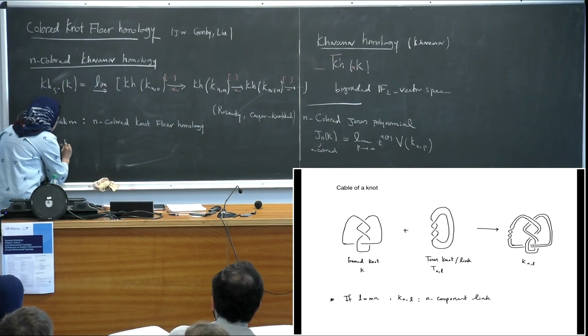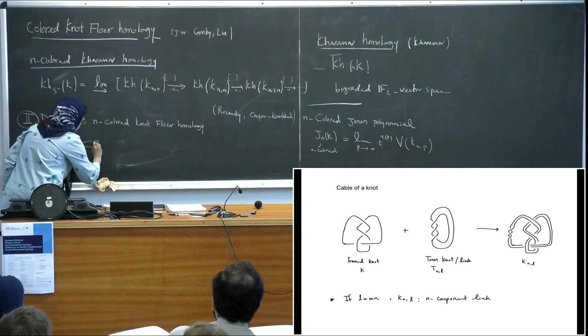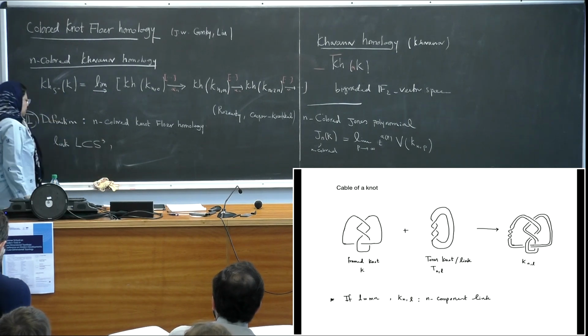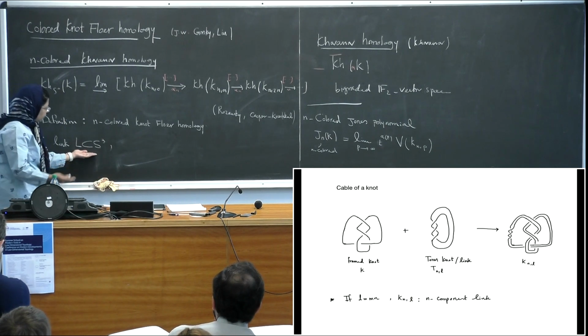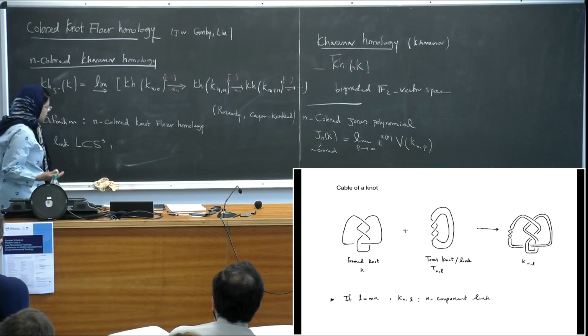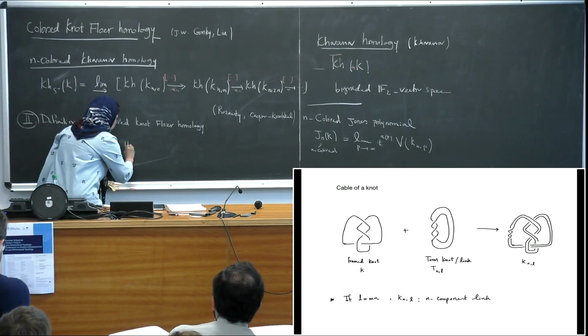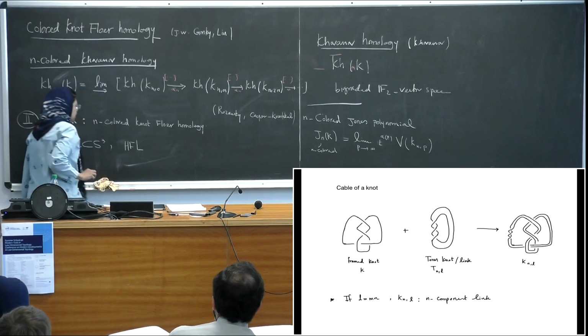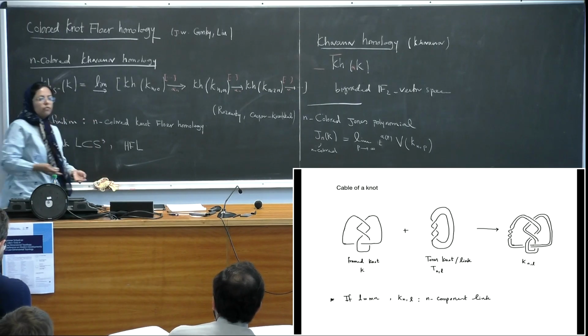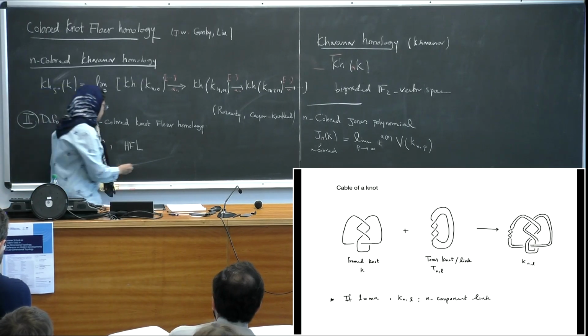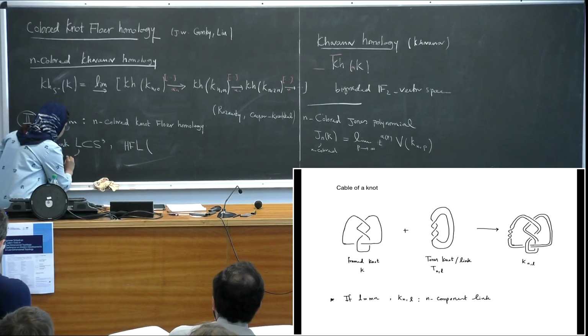So if I have a link L in S^3, well, Heegaard Floer homology, of course, does have invariants for links as well. But we are going to work with not the simplest version, but the full version of link Floer homology, where, let's say, L has n components.